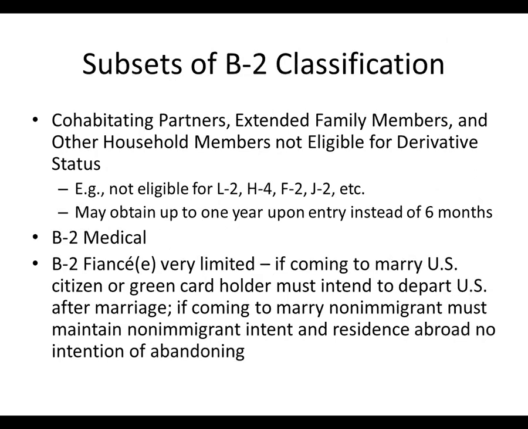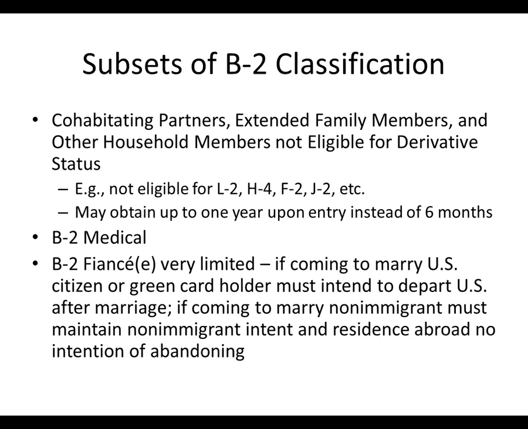And I've talked a lot about the different subsets for B1 business visitors, but I also wanted to highlight, and this has relevance for business visitors as well because of their family members, the B2 subset. This is for pleasure. Well, at least it's supposed to be for pleasure.